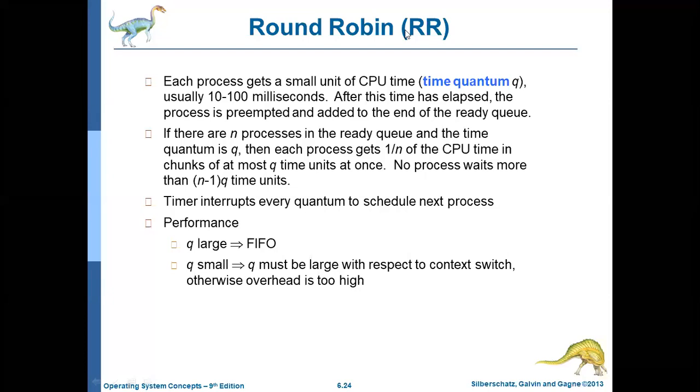If there are n processes in the ready queue and the time quantum is q, then each process gets 1 by n of the CPU time. Means no process waits more in the queue. In round robin scheduling, we have to use the circular queue implementation.